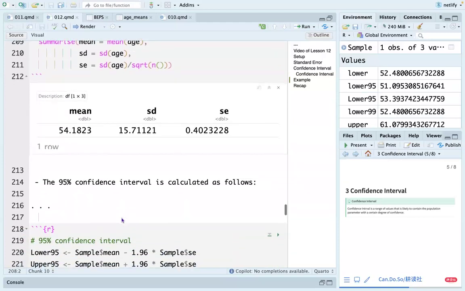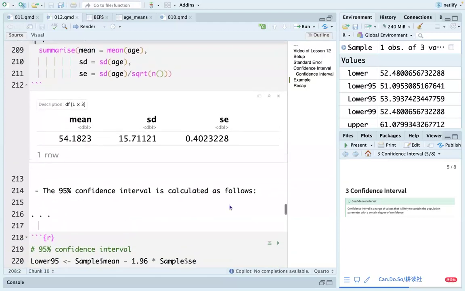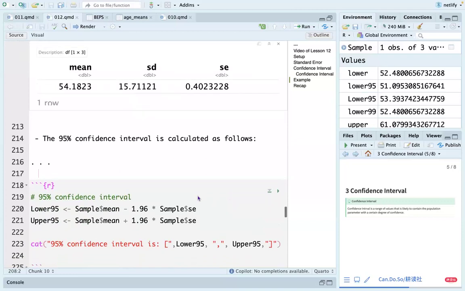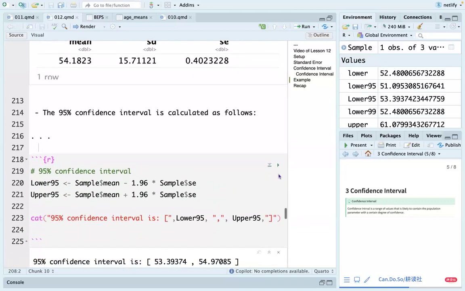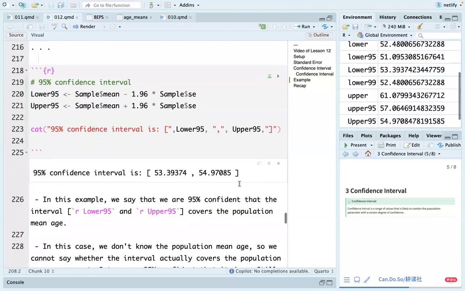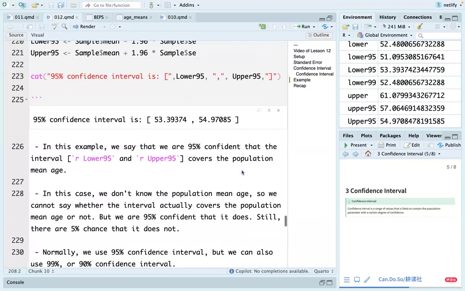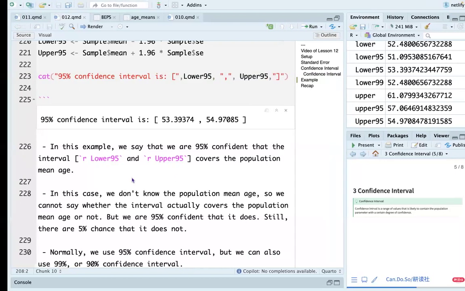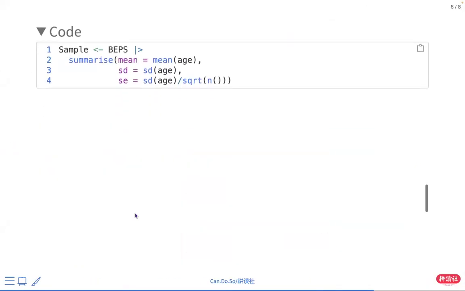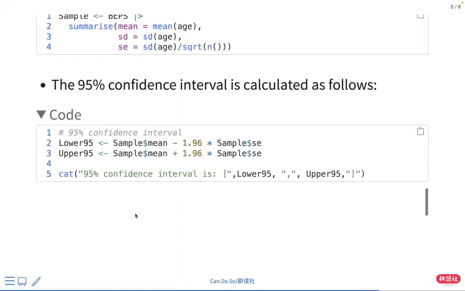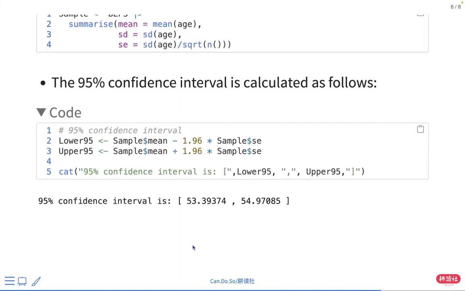The 95% confidence interval is calculated as this. It's 53 to 54, which is much narrower.